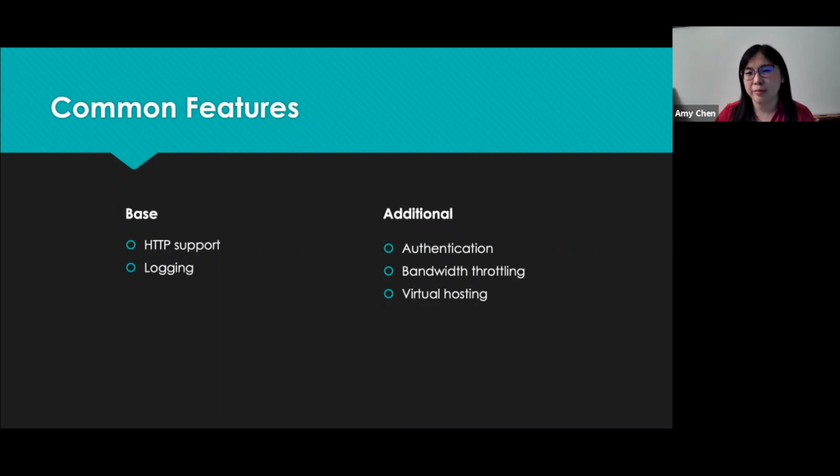Some common features that are built on top of the core baseline web server functionalities include things like authentication. So, optional support for authorizing certain users to be able to access some or all parts of particular websites. Bandwidth throttling. So, for example, this may mean limiting the speed of certain content responses if the network is close to being overloaded.